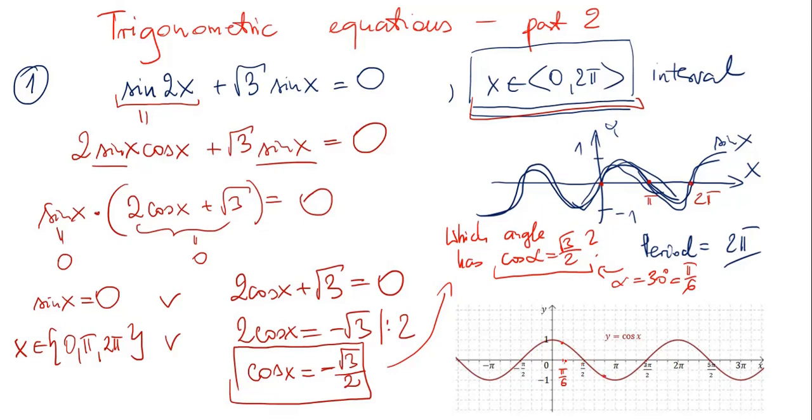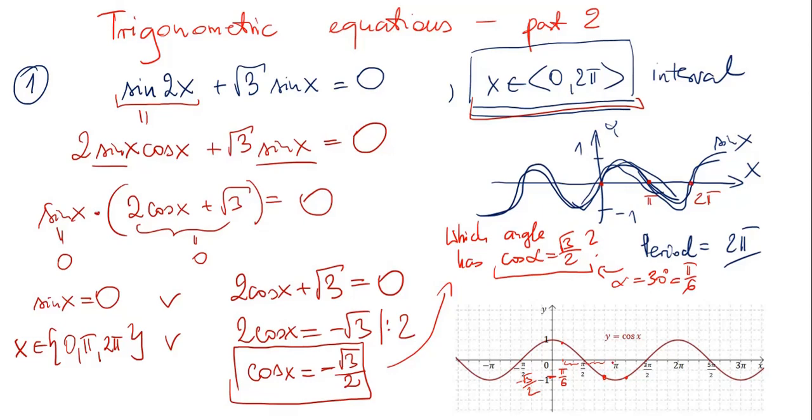So we have to take the same length here, the same length here. So we have this point, and then of course this point will be here too, with a negative square root of 3 by 2. Okay, so now let's find these 2 points.